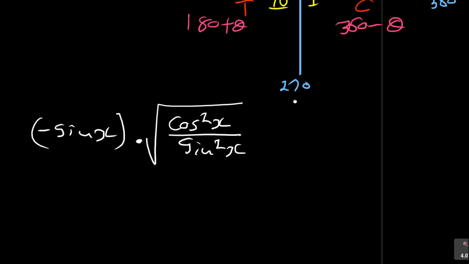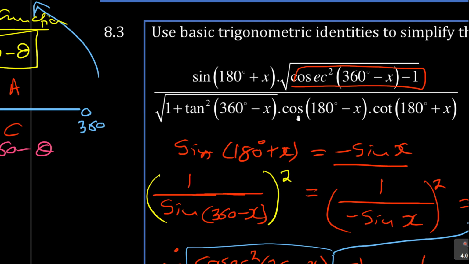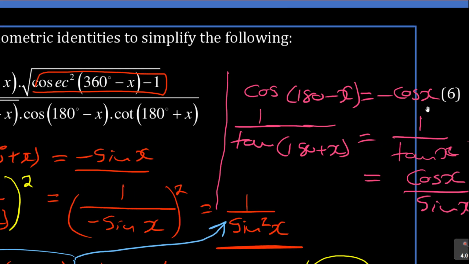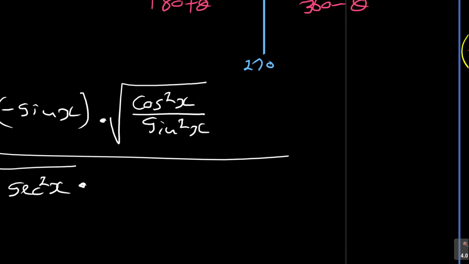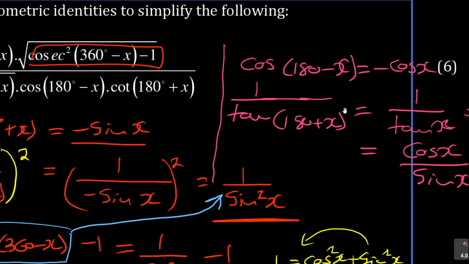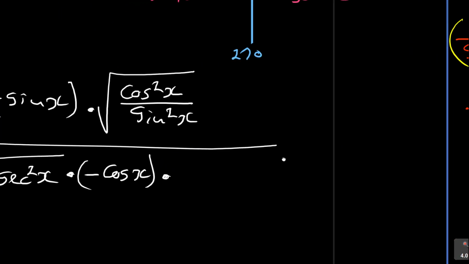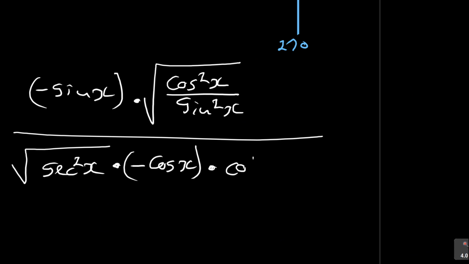So it's over square root of sec squared x multiplied by cos of 180 minus x, which is negative cos x, and you also further multiply by cot x. Let me just say cot x out of interest here, but I'll change it to cos over sine because I still have sec there.